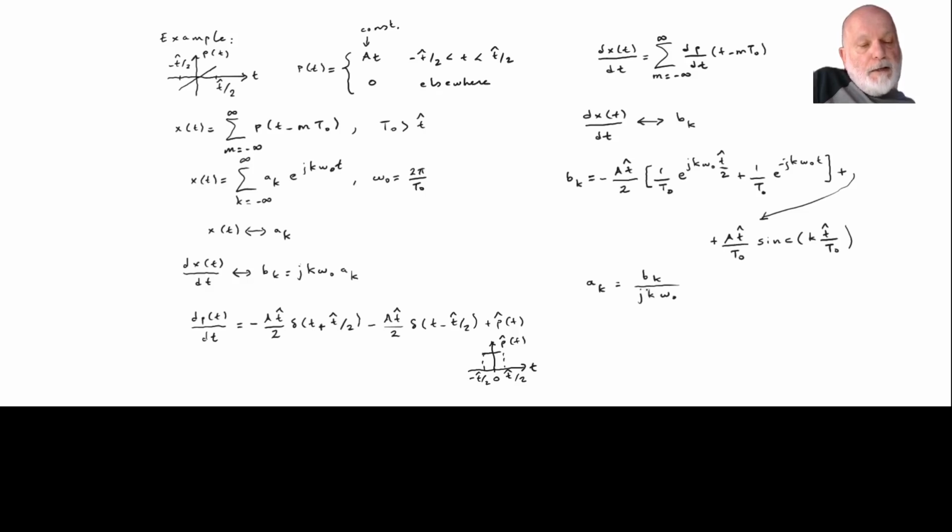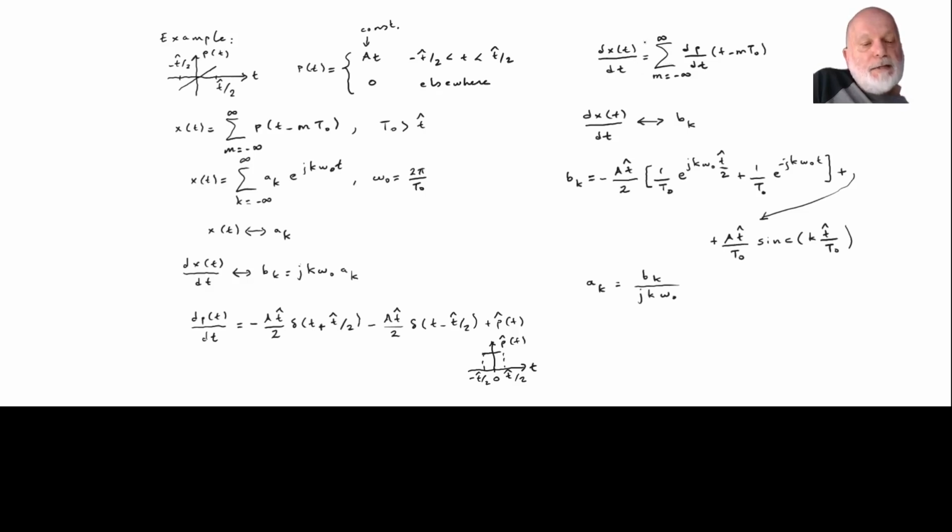However, when you evaluate the derivative of a periodic signal, for instance in this example, x of t and the derivative of x of t, the constant term a0, the Fourier series coefficient a0, will disappear in differentiation because a0 is a constant and its derivative is 0.